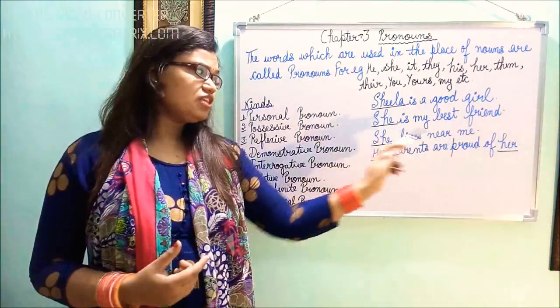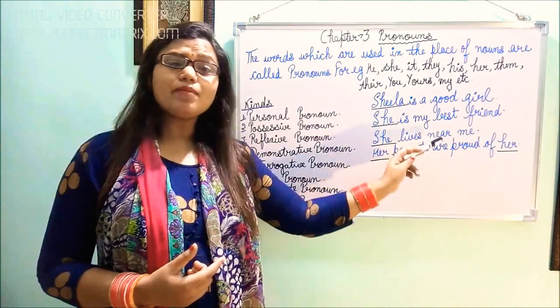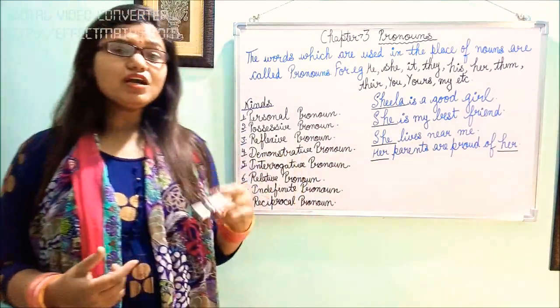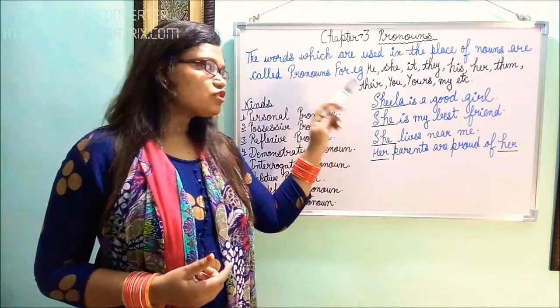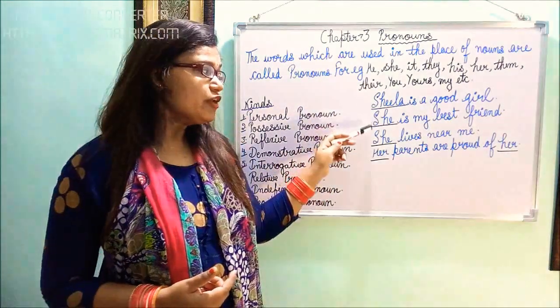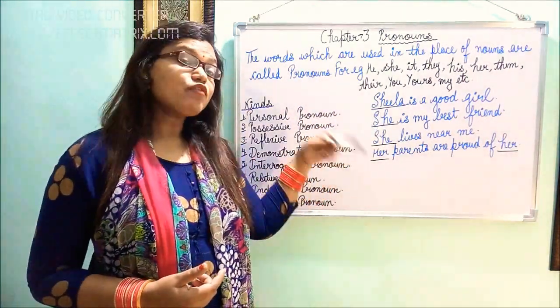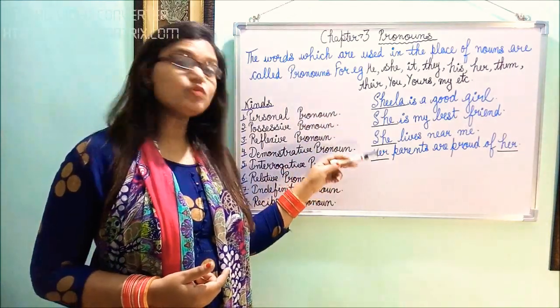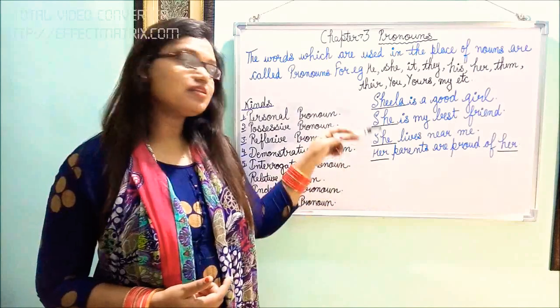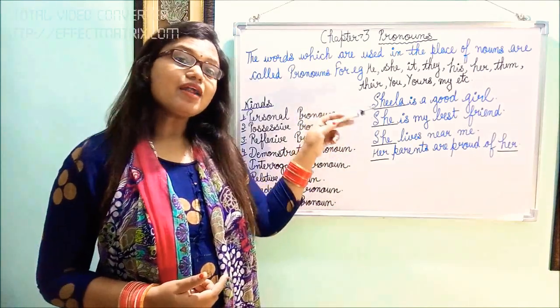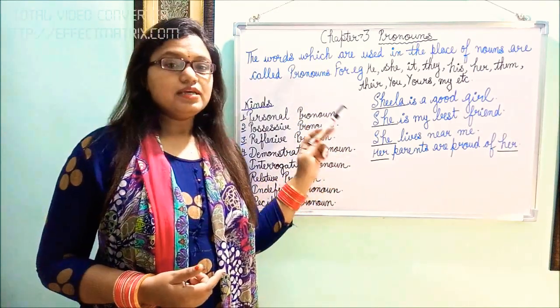Sheila lives near me. Sheila's parents are proud of her. We can't use the word Sheila again and again. In place of Sheila, we will use she, and for her possession we will use her. So these words which are replacing the noun are called pronouns.